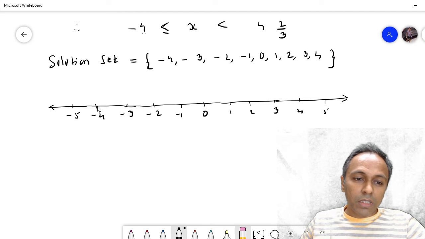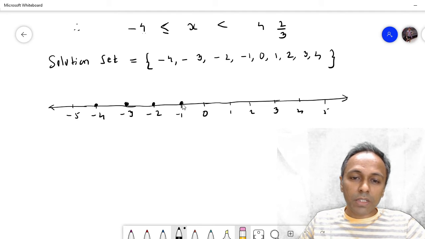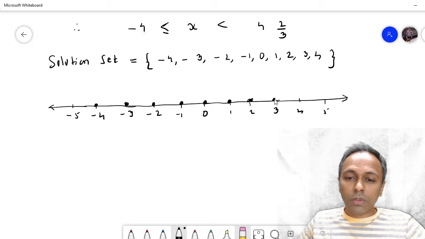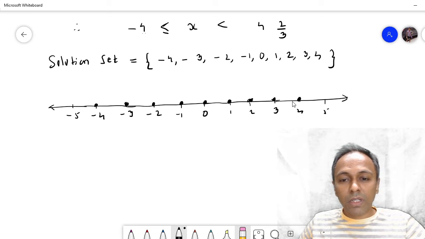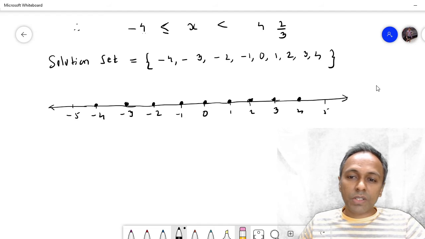Let us mark -4, -3, -2, -1, 0, 1, 2, 3 and 4. Right, this is your answer.